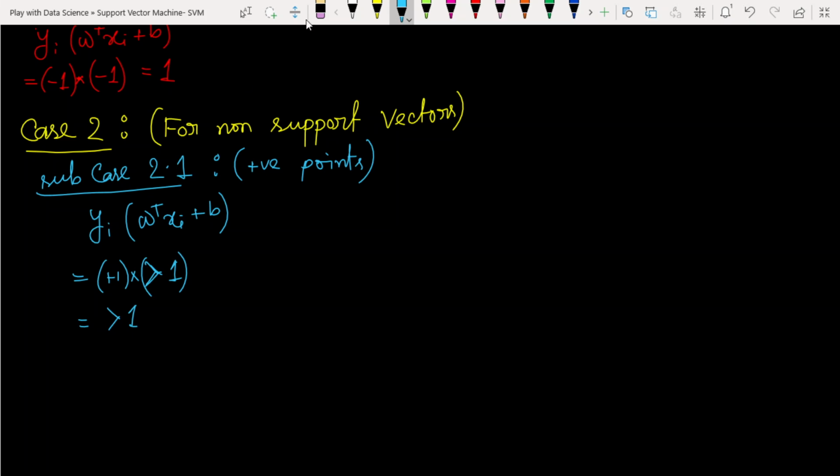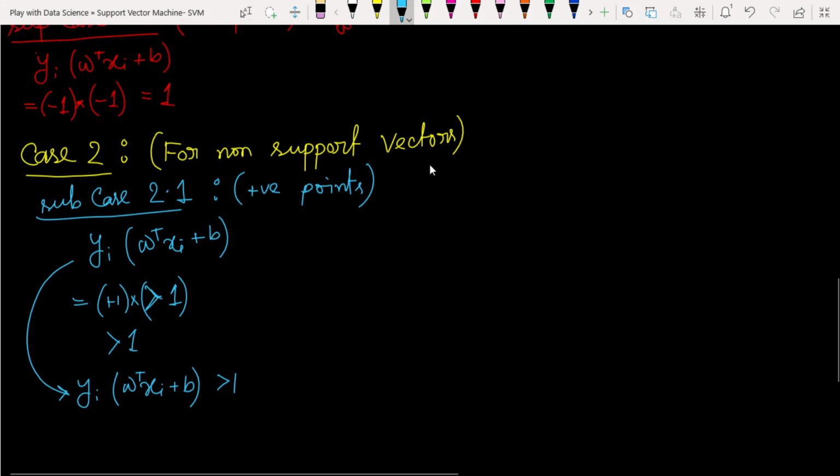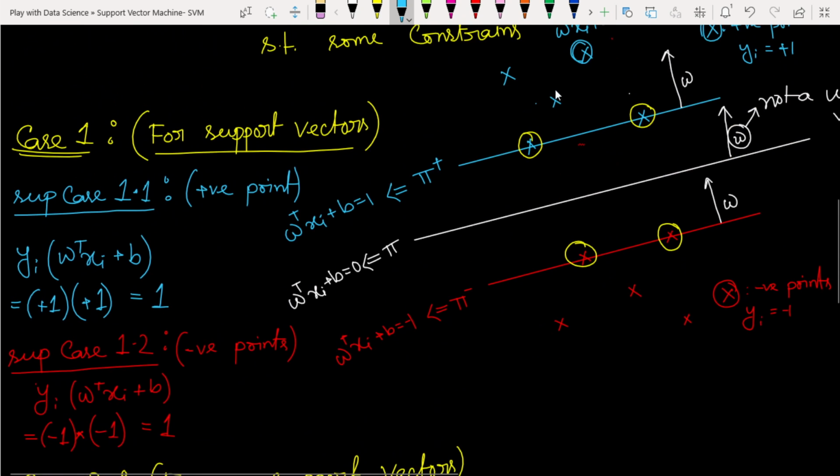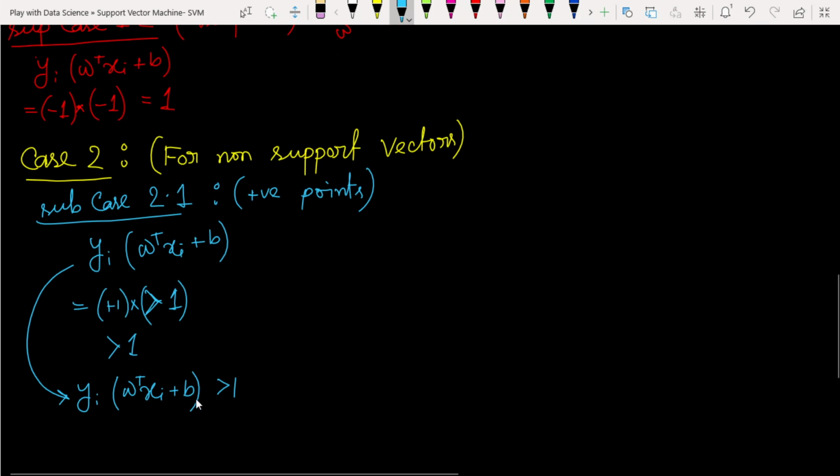So we are just simplifying this. I think this concept is clear. For non-support vectors, positive points, yi times W transpose xi plus b will also be greater than 1.